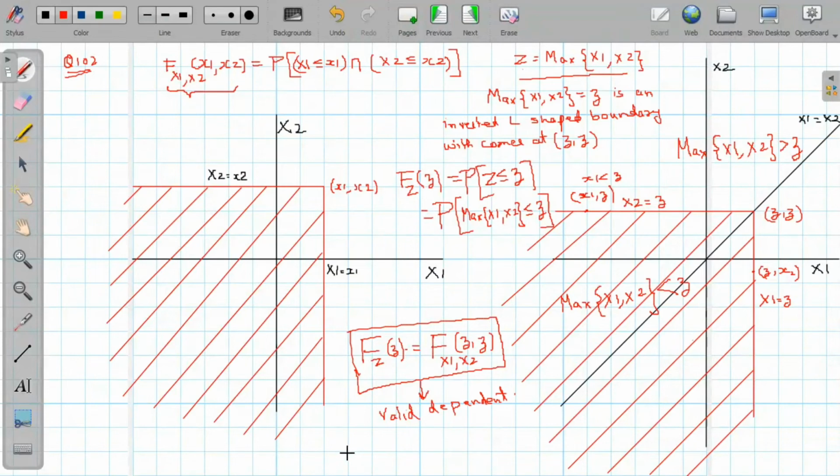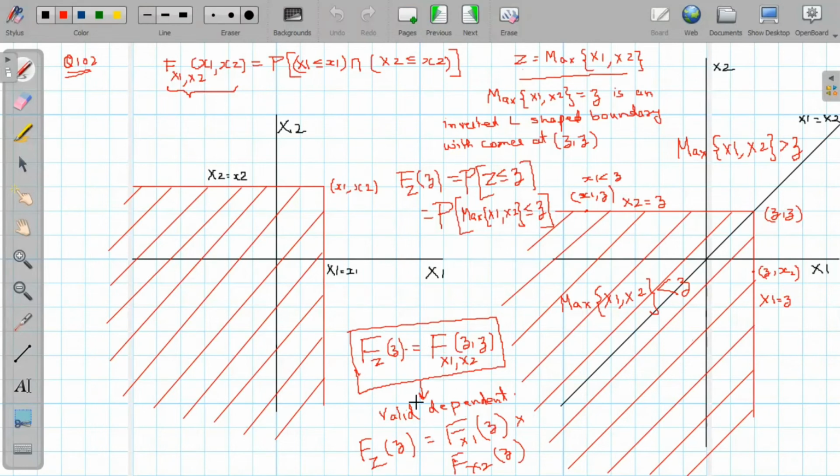And moreover, if x1 and x2 are independent, then the above result will reduce to capital F Z of z equal to the product of the marginal CDFs, F x1 of z into F x2 of z. Also observe that this result is valid for both discrete and continuous type random variables.